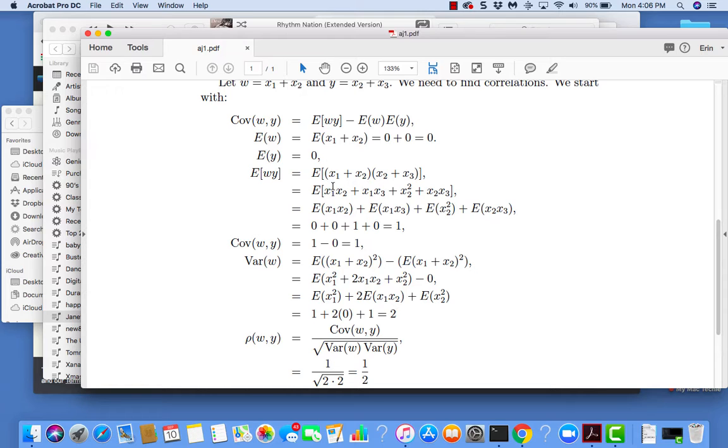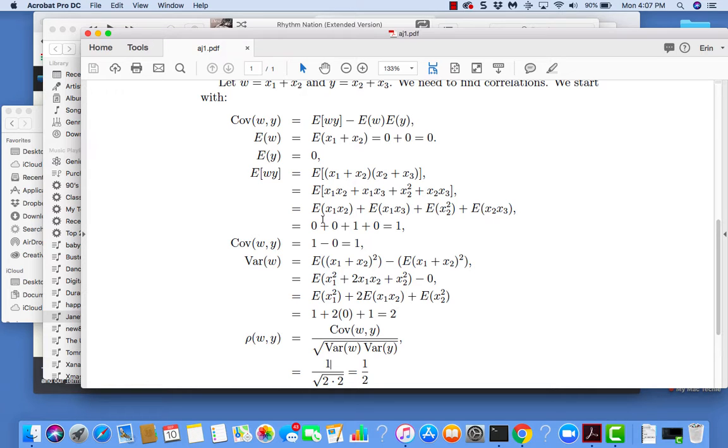We have expected value of the quantities x1 plus x2 times x2 plus x3. And when I multiply these and put them all together, I'm going to have x1 times x2 plus x1 times x3 plus x2 squared plus x2 times x3.